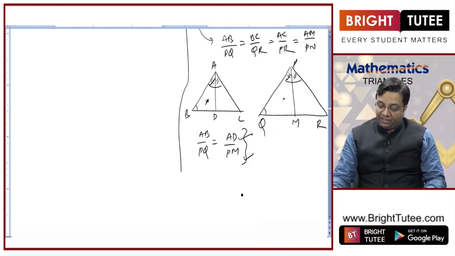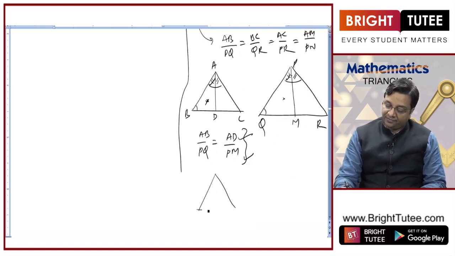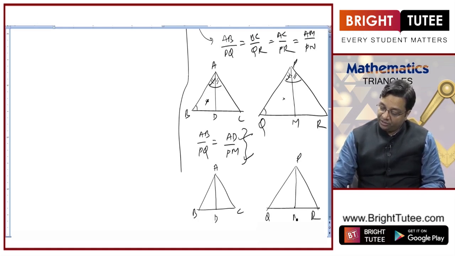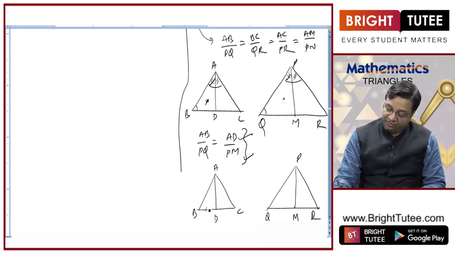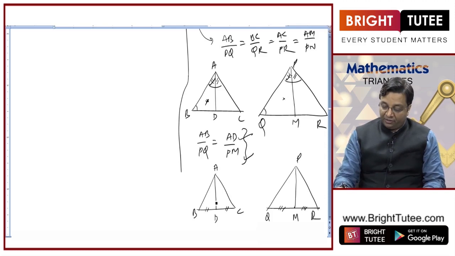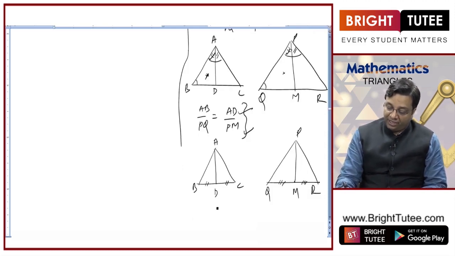Similarly, in case of medians, let us say these two triangles ABC and PQR are similar, and these are medians. AD is a median, PM is also a median. So AD is a median, so BD will be equal to DC, and PM being the median, QM will be equal to MR. Now ABC is similar to PQR.